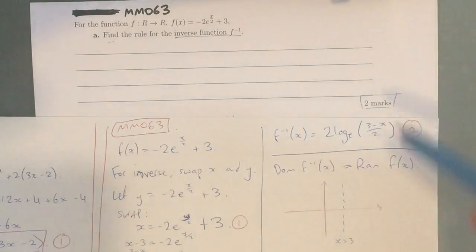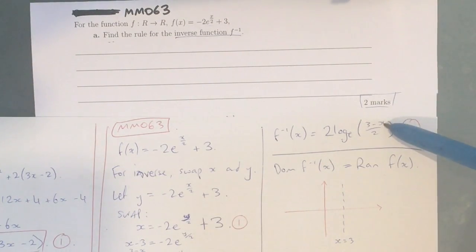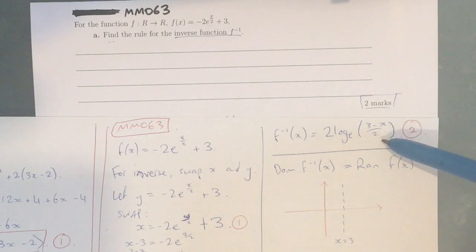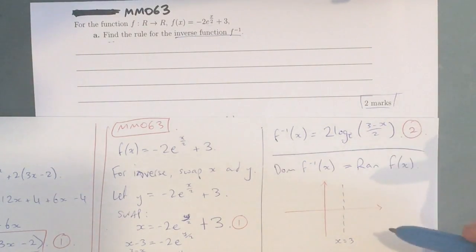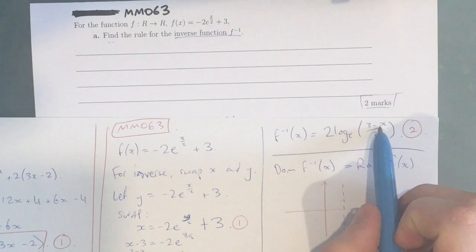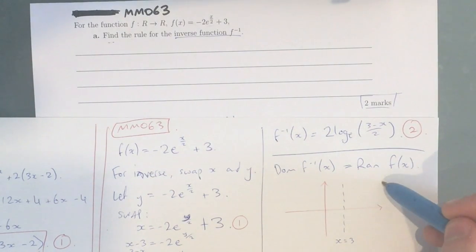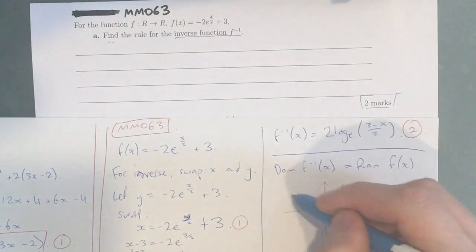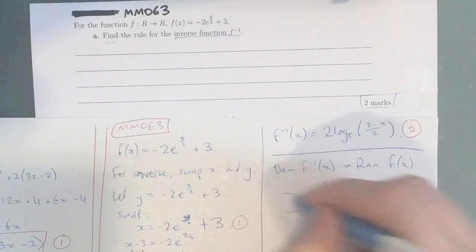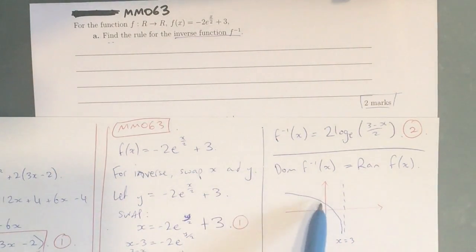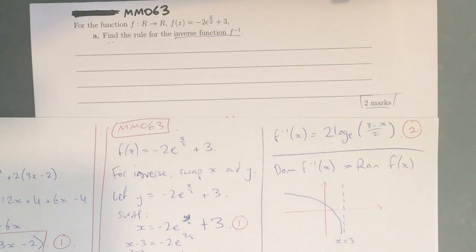The reason why is because whenever x is 3, inside the log would be equal to 0, and we can't have a 0 inside the log. Because this x is negative here, instead of going this way like a normal log would, it's actually going this way. It doesn't matter what the intercepts are, all we're looking for is the domain.